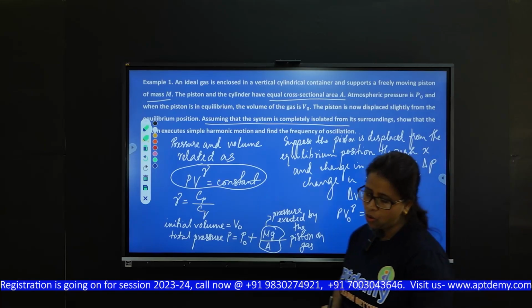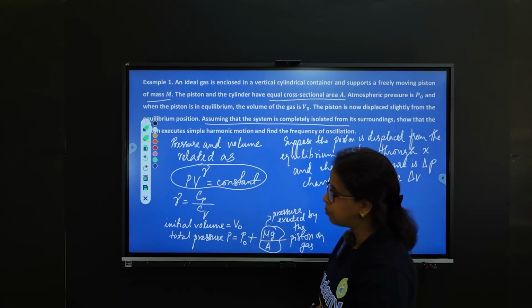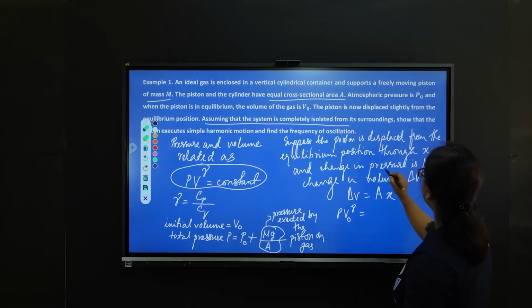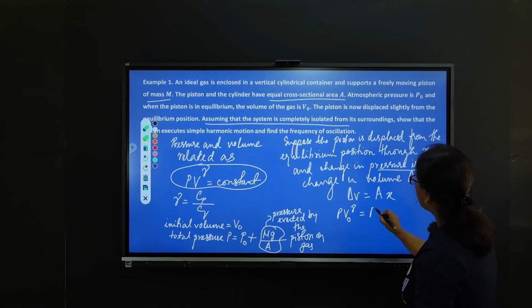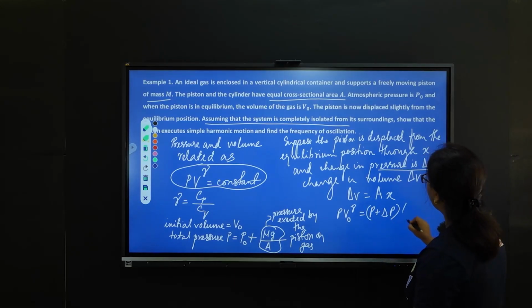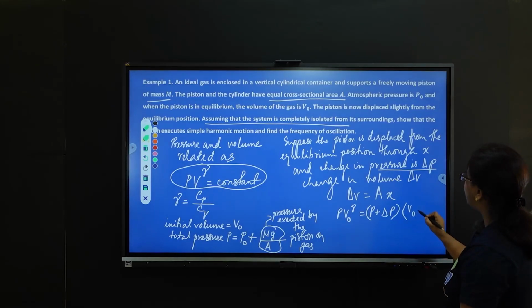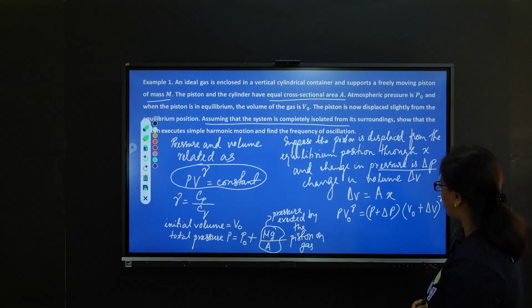We know the final pressure: this was the total pressure and the change in pressure was delta P. So we have the final pressure as P plus delta P, and the final volume as V0 plus delta V, to the power gamma.